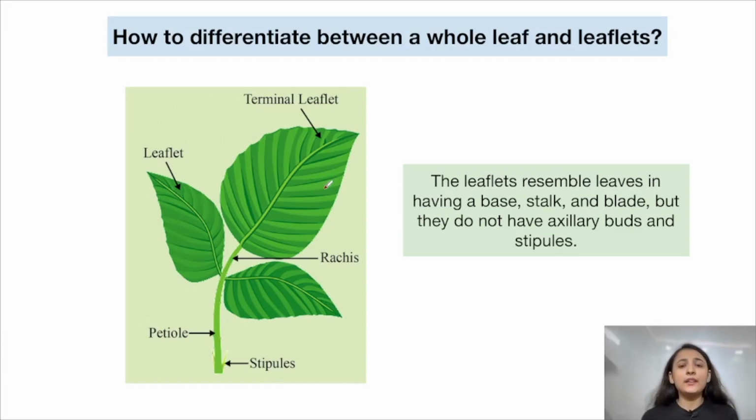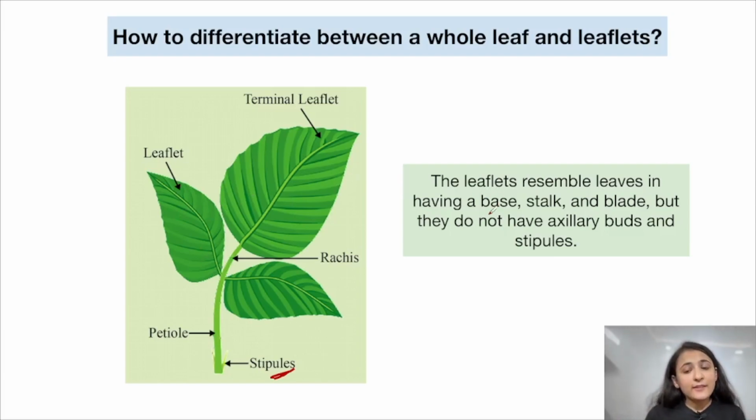Whenever you need to identify a leaf, you should look whether it has stipules or not, and axillary buds. If the leaf has stipules and axillary buds, you can identify that yes, this is a leaf, because the leaflets won't have either of the two. The leaflets resemble the leaves in their entire sense.